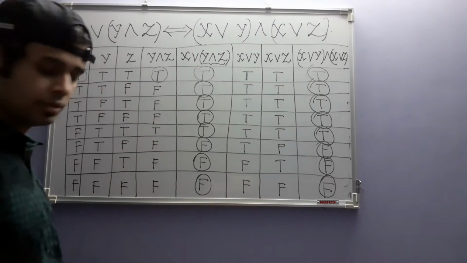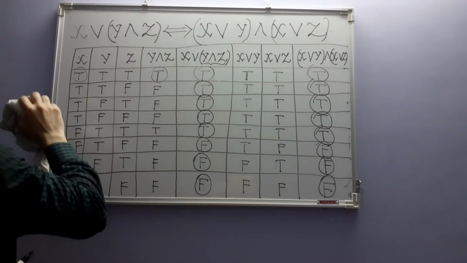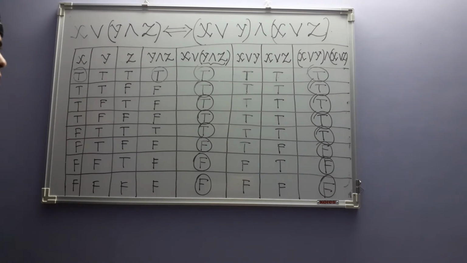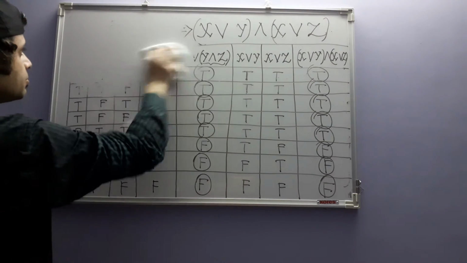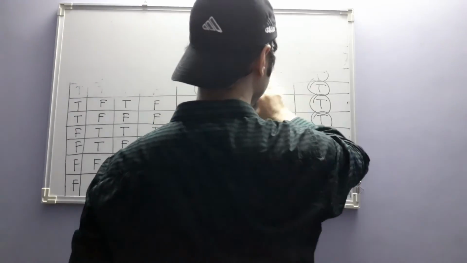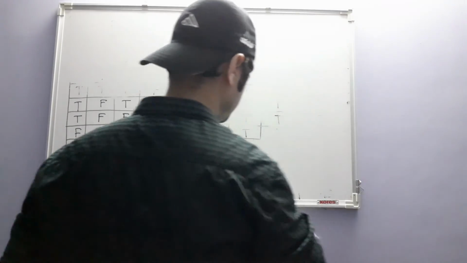So like that you can also prove the other distributive law. Two more I want to do. Distributive laws involve three statements, so the truth table is so huge.